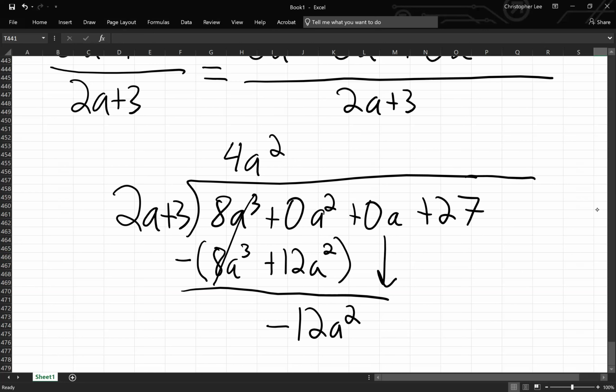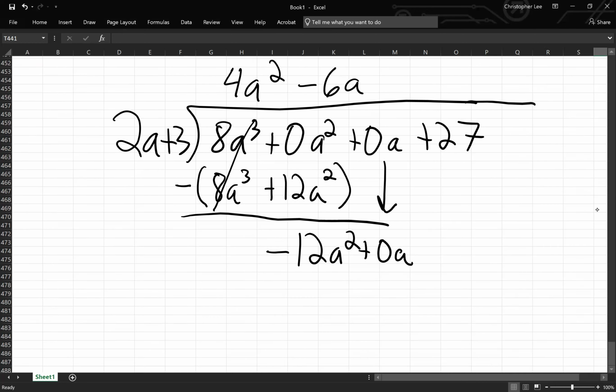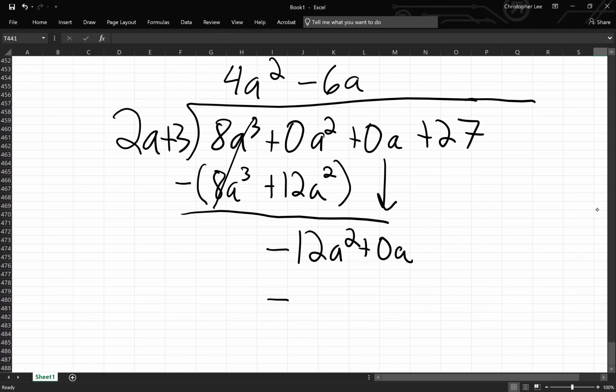Bring down your next one. This is going to be plus 0a. Now 2a goes into negative 12a squared how many times? Negative 6a. Now, negative 6a times 2a is negative 12a squared.